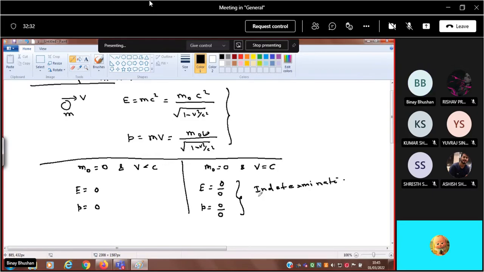The energy and momentum of that particle will be something, although we are not able to determine. Indeterminate का मतलब ये नहीं हुआ कि वो एग्जिस्ट कर ही नहीं सकता है. Is it clear? If a quantity is indeterminate, that doesn't mean that quantity is not existing. इसका मतलब ये नहीं है.